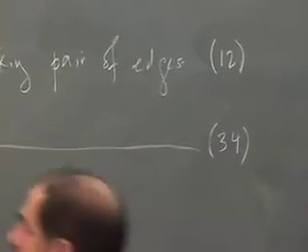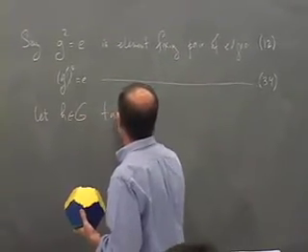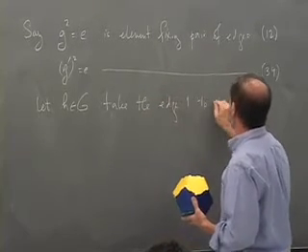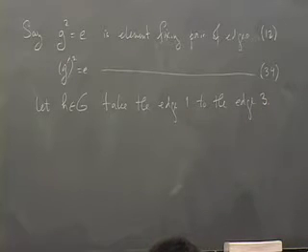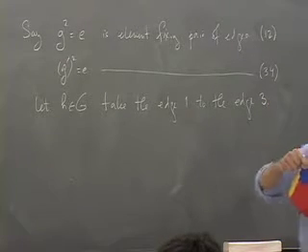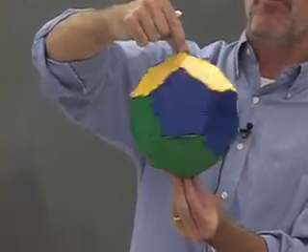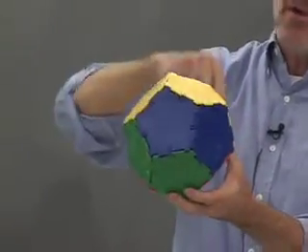Okay? Let h in G take the edge 1 to the edge 3. We know we can do that because the group permutes the edges transitively. For example, these edges happen to be centered around this vertex, so I would just take the rotation of 1/5 the circle that takes those edges. But even any pair of edges can be taken one to another by some rotation.